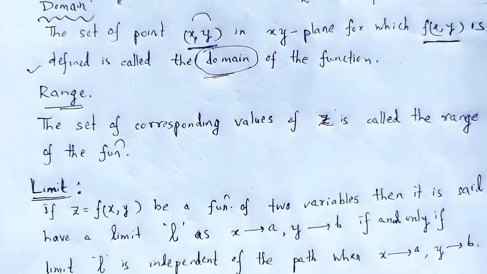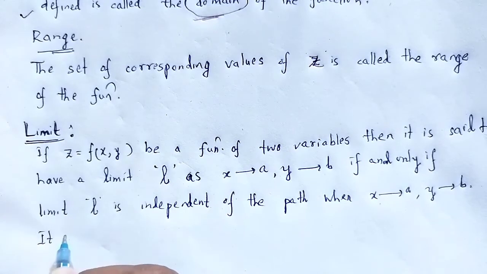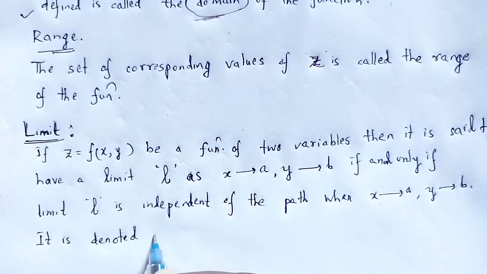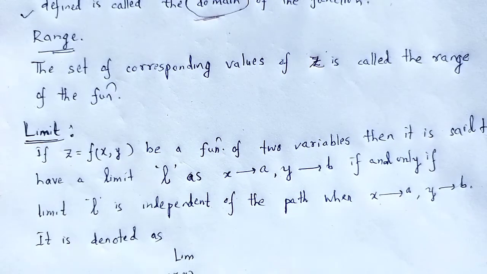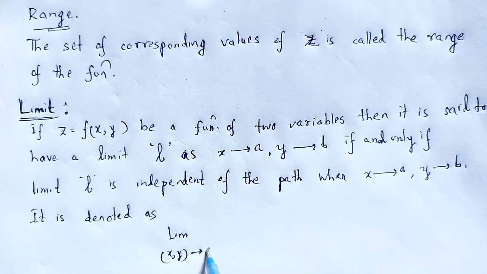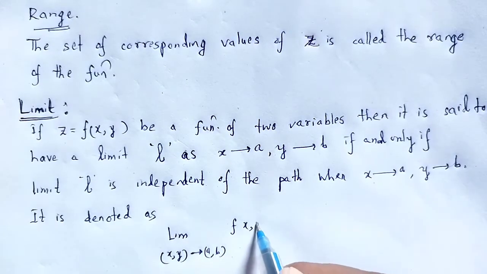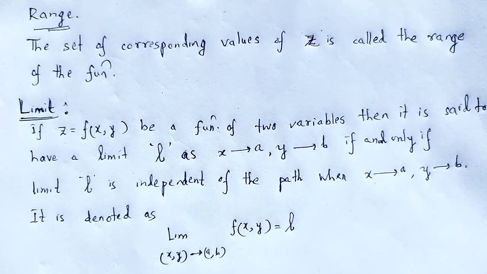It is denoted as the limit, as x comma y tends to a comma b, of the function f of x, y is equal to small l.